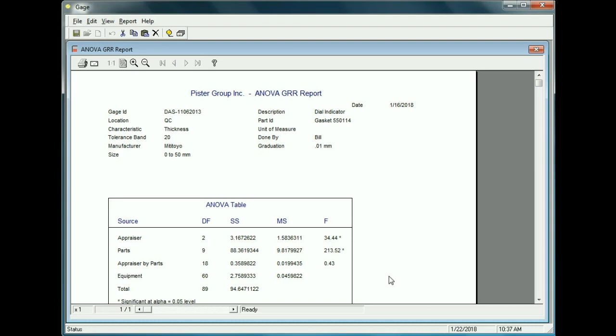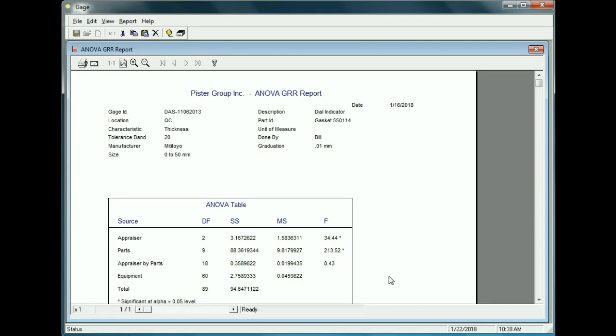So, for example, if you're measuring a very soft thing like maybe leather, you might have an interaction between how one person would measure that piece of leather and how another person might measure it. Or if it's a very big part and you have a tall person and a short person, you may have some interaction between the people and the part that's being measured.